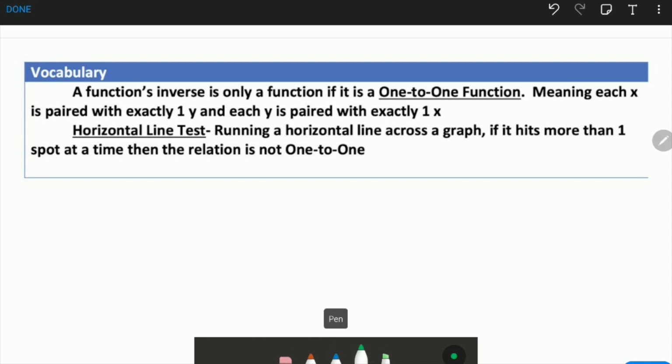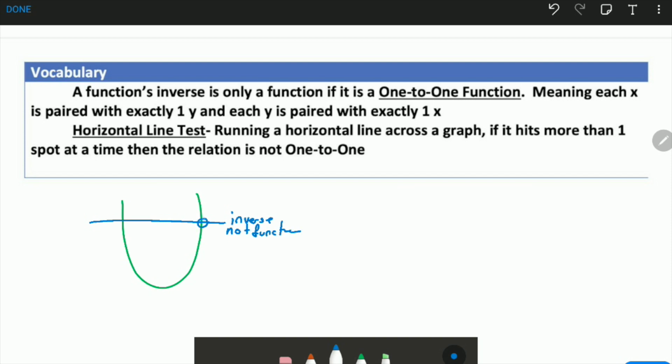Now, as far as the next part here, horizontal line test and the vertical line test are similar. The horizontal line test tests to see if its inverse is a function. Not a function.